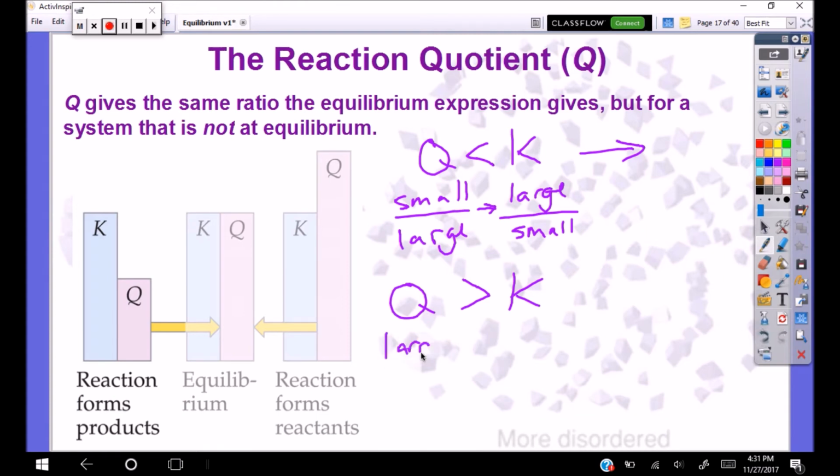This is large and this is small, but then the K has a small numerator and a large denominator. So we want to shift to this side, which means we're shifting back to form reactants. So keep that in mind as we're looking at the comparison between Q and K.